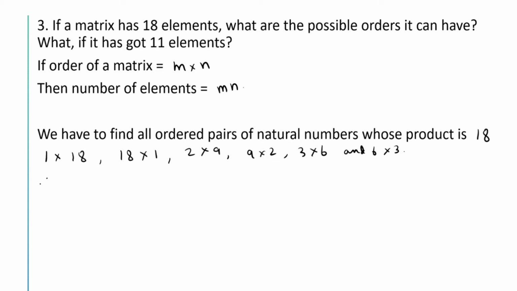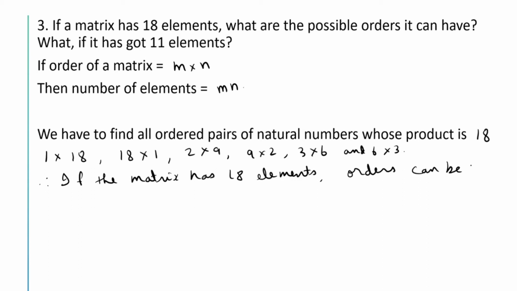So therefore, if the matrix has 18 elements, orders can be 1 by 18, 18 by 1, then 2 by 9, 9 by 2, 3 by 6 and 6 by 3.